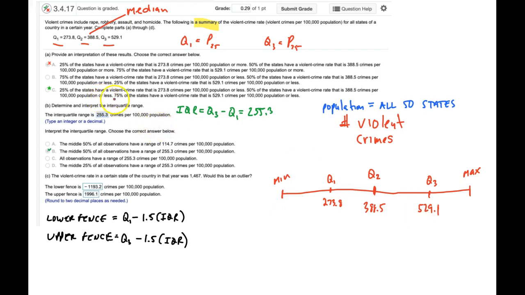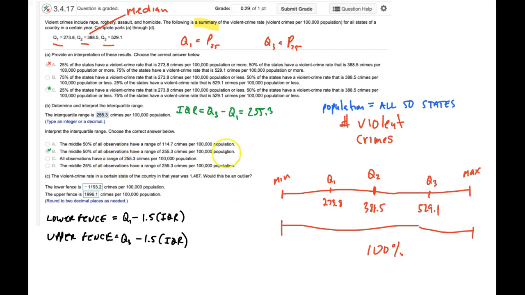So this idea is that 75% of the states have a rate that is less than a certain value, because this is 100%, all of the states, from here to here. But each of these quarters breaks it up into pieces.